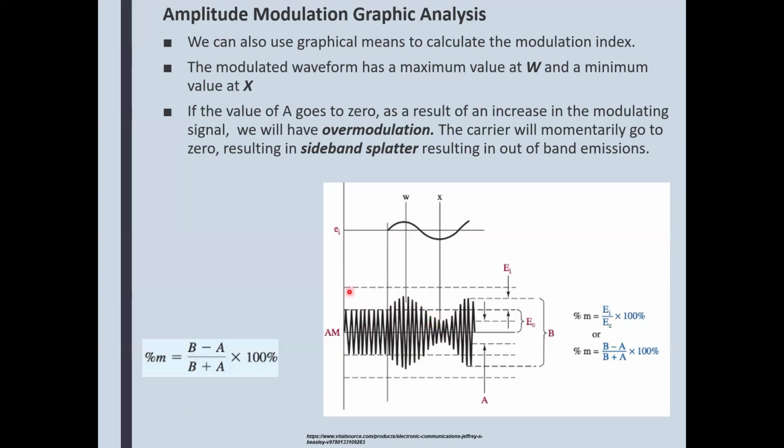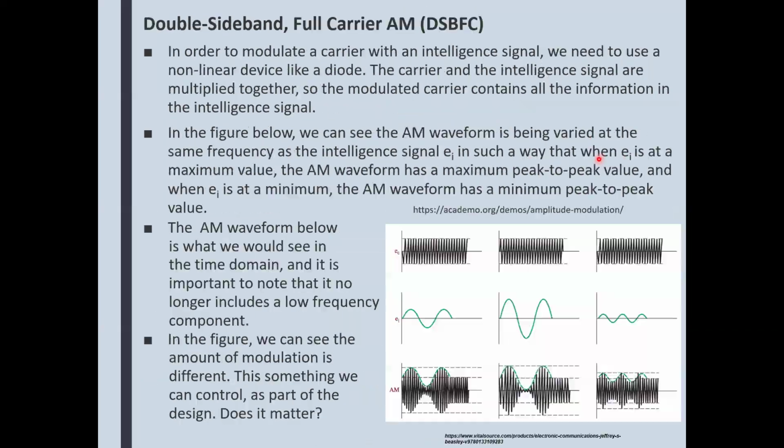And over here, by the way, this is twice as much as the carrier. Between here and here, twice as much as the carrier. All right, so the carrier will momentarily go to 0 if you overmodulate it, resulting in sideband splatter and out of band emissions.